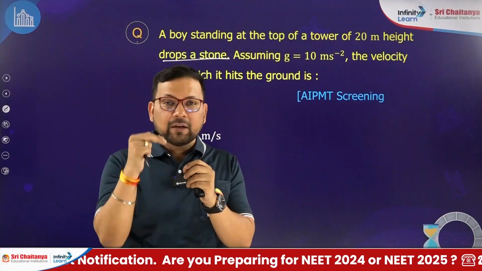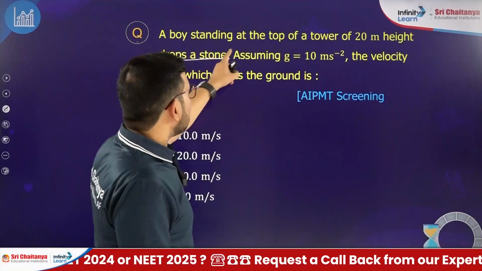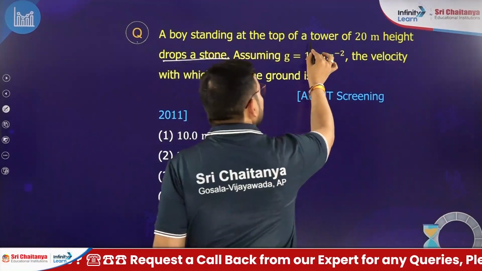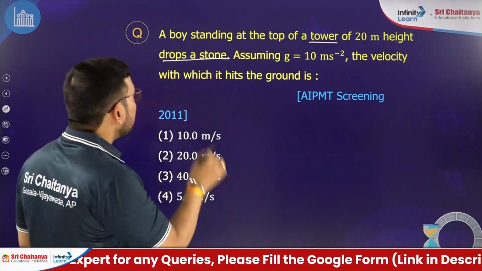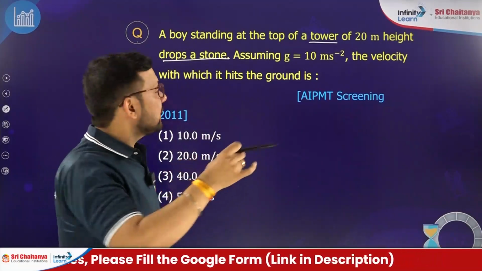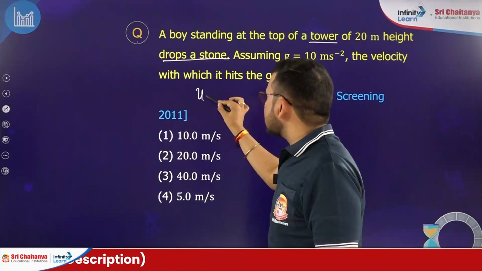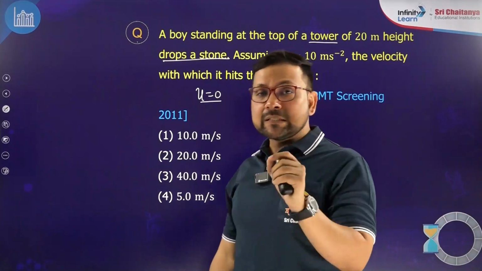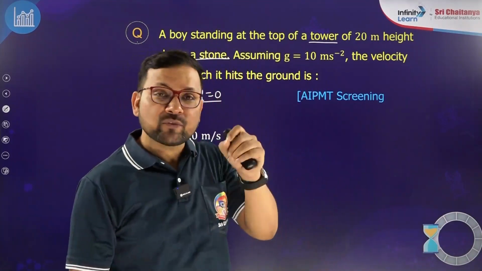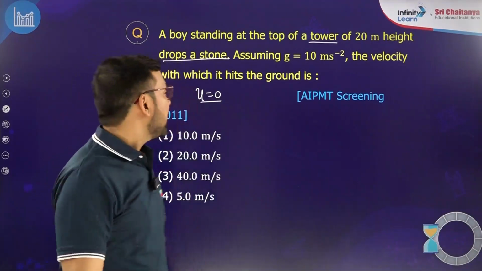The surface from where you are dropping it. So see, a boy is standing at the top of a tower. The tower cannot move, no? The tower is a static thing. So it means the boy is also at rest and is dropping the stone. So here I will take initial velocity 0, not because it is always 0 in a drop, just because it is being dropped from the height from the tower, and the tower is not a moving frame.